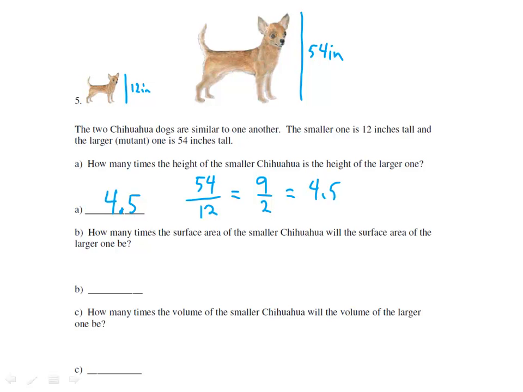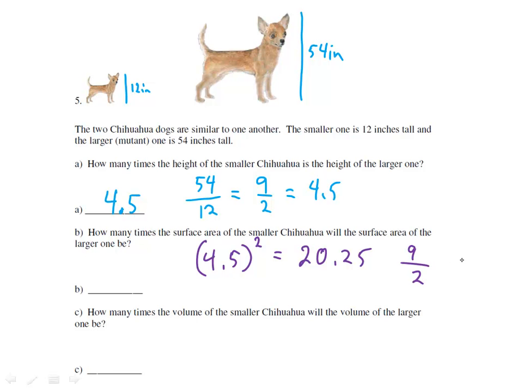All right, so how many times the surface area of the smaller Chihuahua will the surface area of the large one be? Okay, so remember what that is. That is our ratio between the lengths squared. 20.25. Or if you kept to the fraction, which has some advantages also, because when you do proportions later on in this problem, it's real easy.